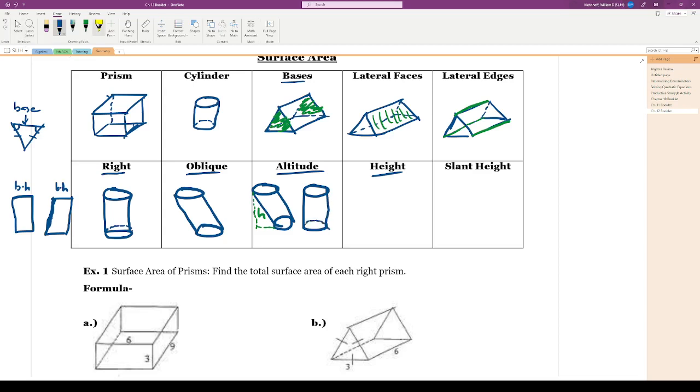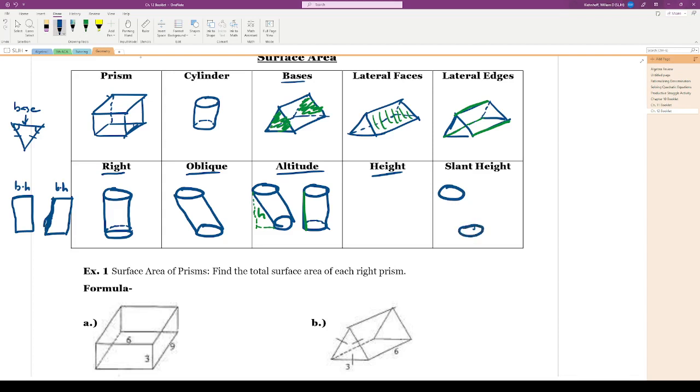So here, my altitude or height is the same as my lateral edge length. It's the same thing. Whereas if you have an oblique one, you end up with something called a slant height, which is like our slanted sides of our parallelogram.